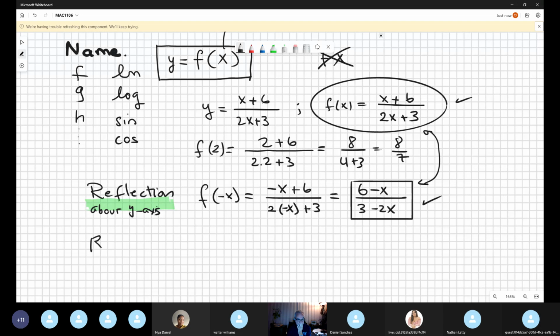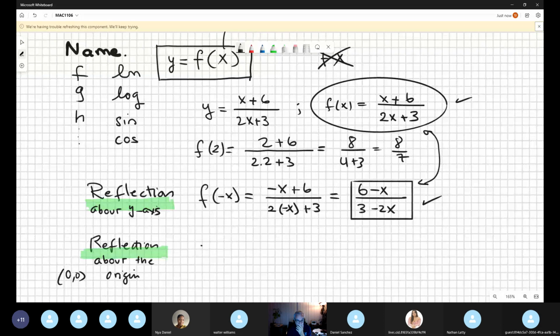Now we have another reflection. Okay, reflection about the origin. Let's call it the origin. The origin, remember, is the point 0,0. So you are doing a reflection with respect to the origin. Well, we are doing it differently.